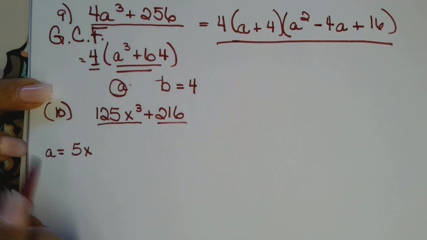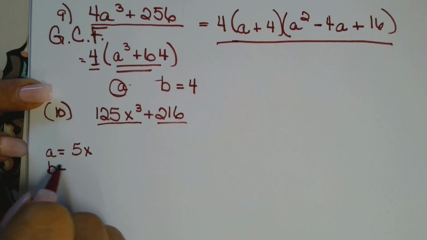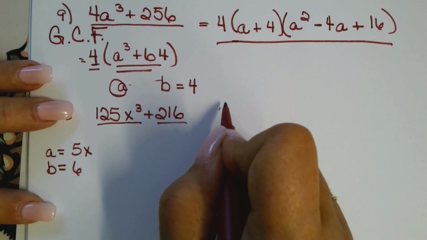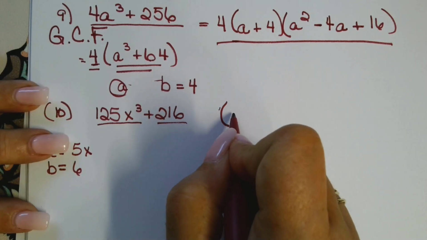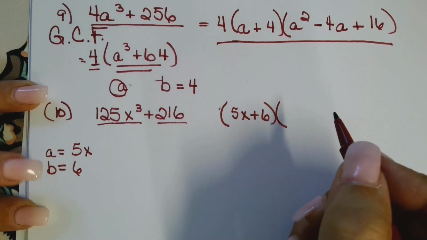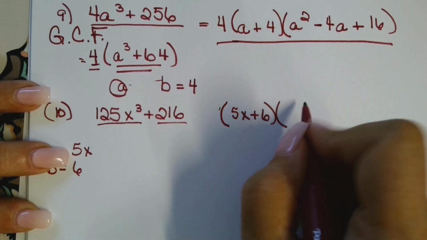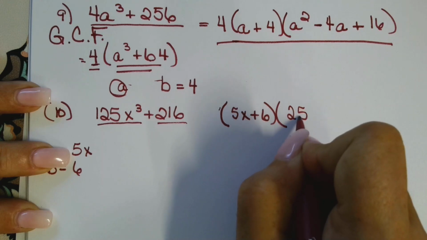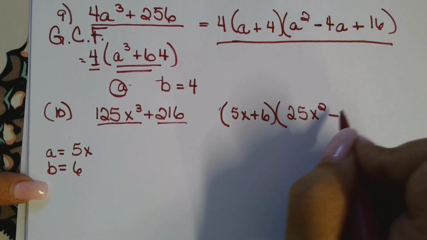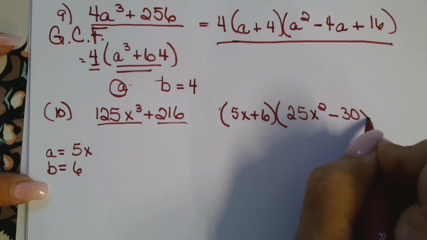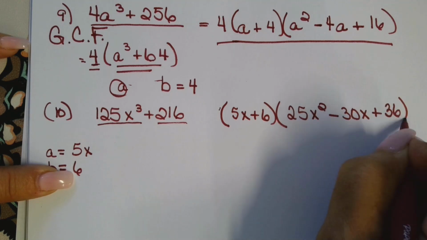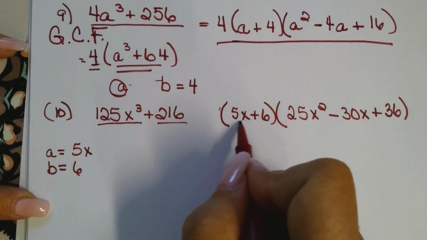And the cube root of that whole thing, which we're going to call b, is 6. So once again, this is a, this is b. It's going to be a plus b, 5x plus 6. Then a squared, which is 25x squared, minus a times b, that's 30x, plus b squared, which is 36.